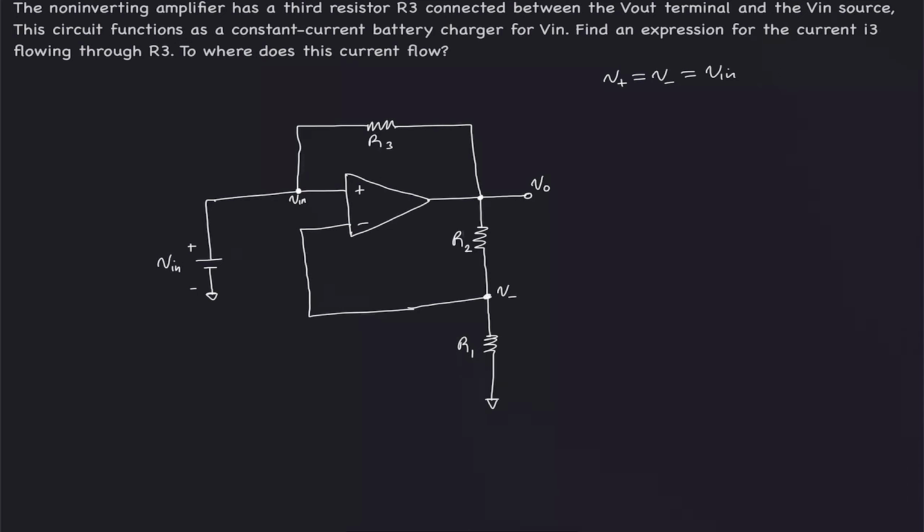If V minus is equal to V in, the expression for the voltage at V minus by voltage division is V in equals R1 over R1 plus R2 times V out. This is with reference to the voltage at V out.